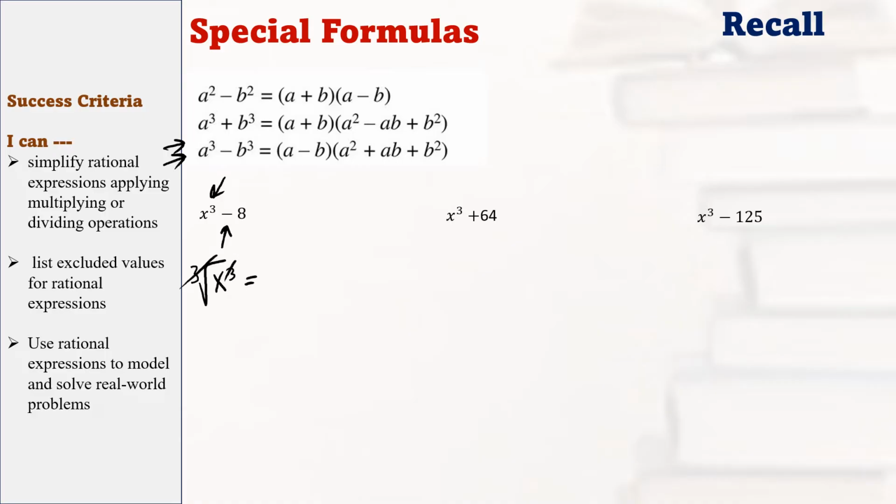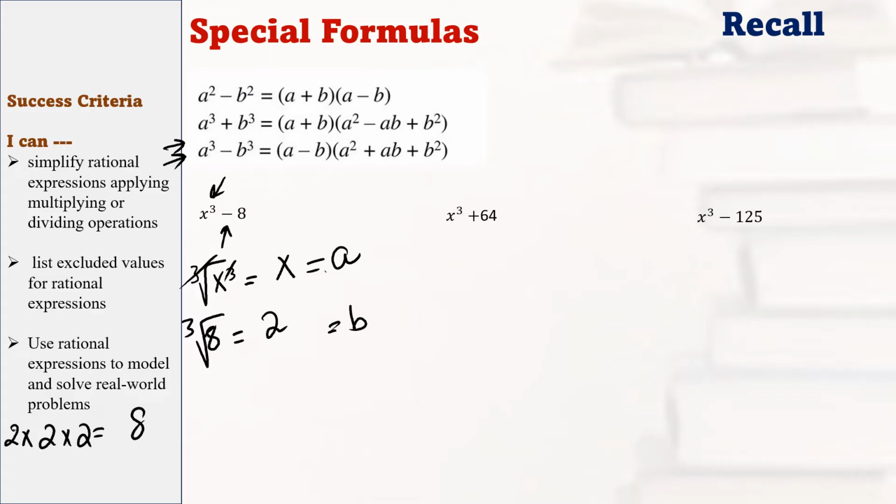This 3 and this 3 cancel. Answer is x. So this is your a. To find the b, you take the cubic root of the second term. Write it in the calculator. It will give you 2. What does it mean? It means 2 times 2 times 2 gives you 8.